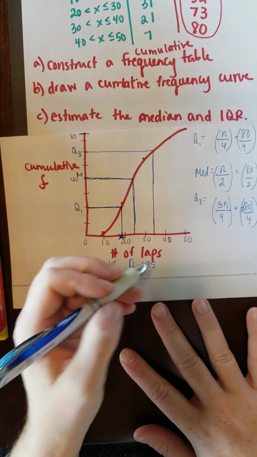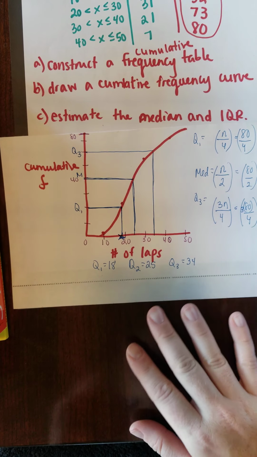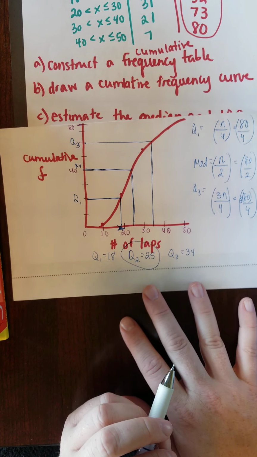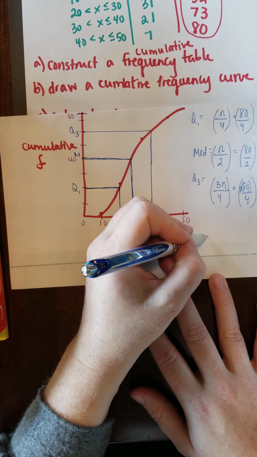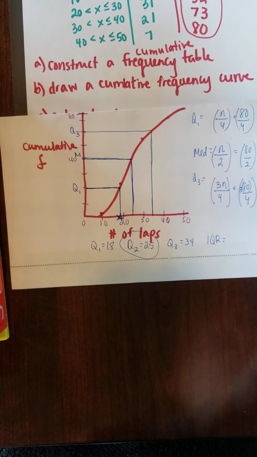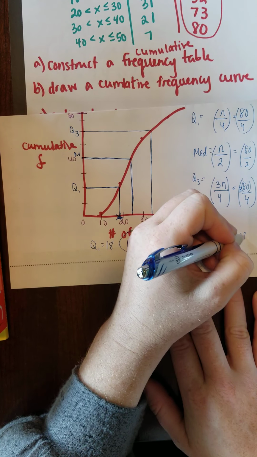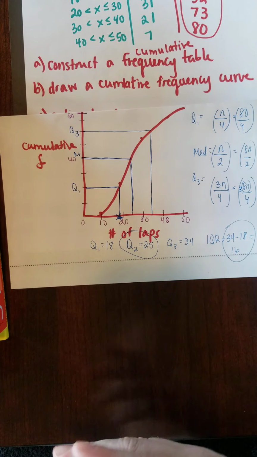Maybe like 34. Q3 would be 34. So the median, 25, is what I think it's going to be. And then for my interquartile range, I'm going to subtract my two numbers. So 34 minus 18 would be 16 altogether. So those are my estimated values.